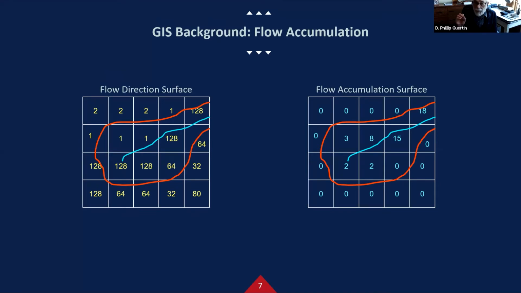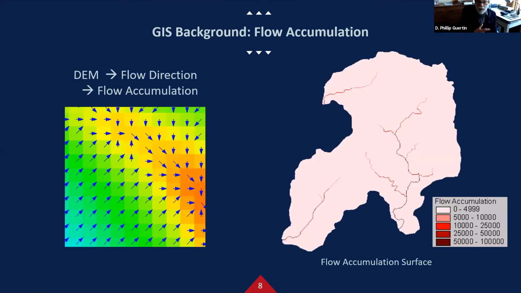Next slide. So we go through this process: we have a DEM, a flow direction, and a flow accumulation, and then we can reclassify the flow accumulation raster to define the location of the drainage channels.